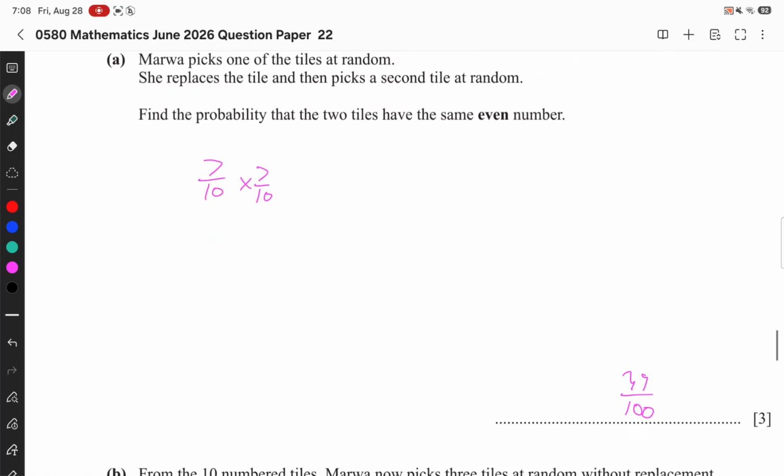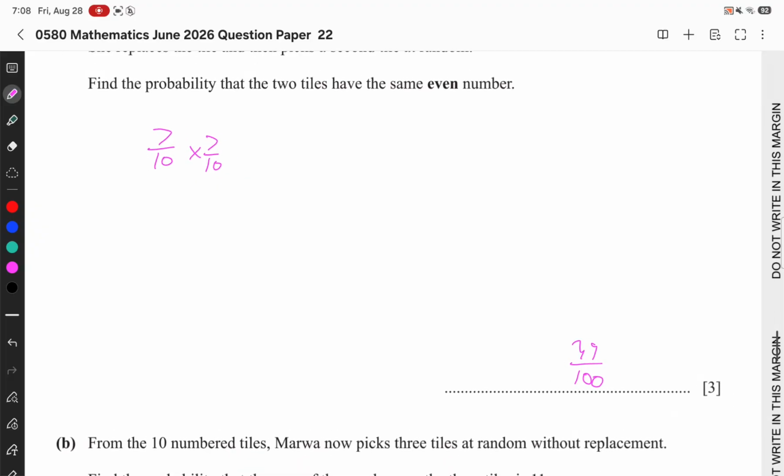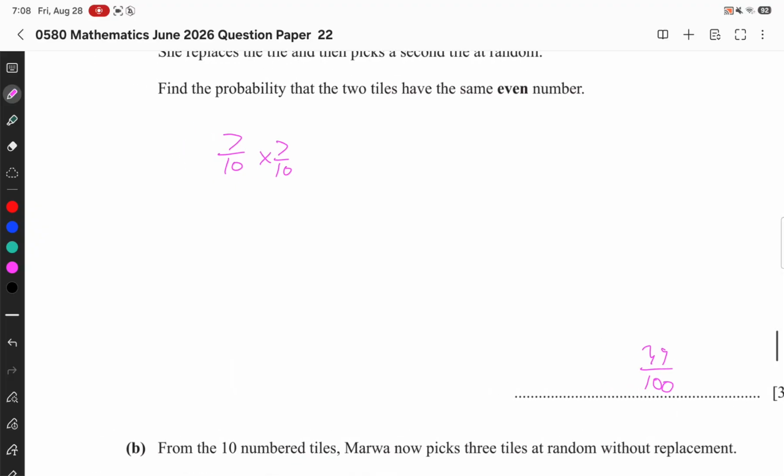So for the probability, you guys can just do this, or else use the probability chart. Let me draw it small.